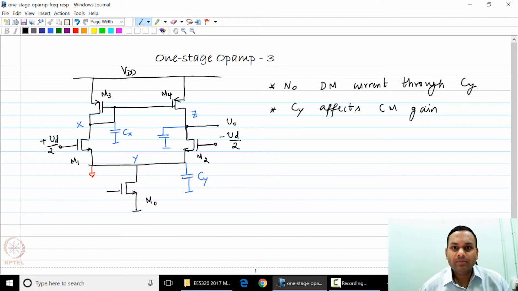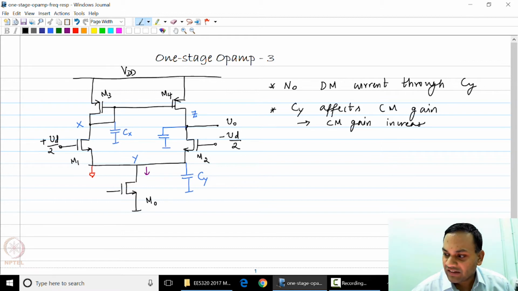Clearly, the circuit originally expected a high impedance looking downwards, whereas the minute you have Cy, this impedance will look high for low frequencies, but at higher frequencies, Cy will start presenting smaller and smaller impedances, and therefore, the common mode gain, which was originally 0 at very low frequencies, will start getting higher and higher. So, I'll just point out that common mode gain increases at higher frequencies.